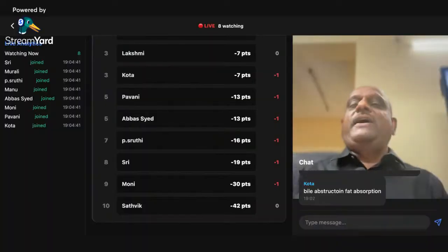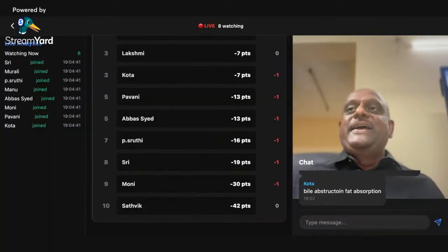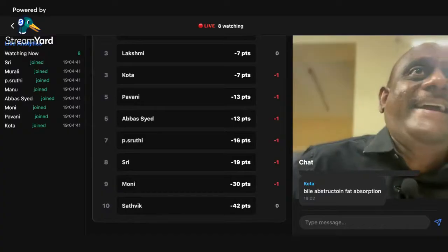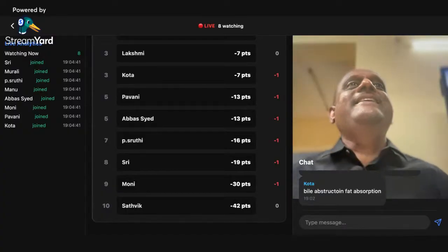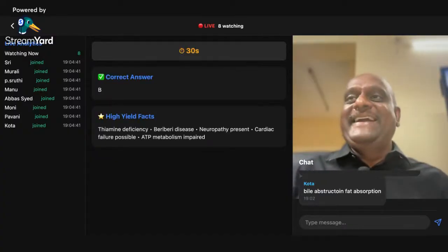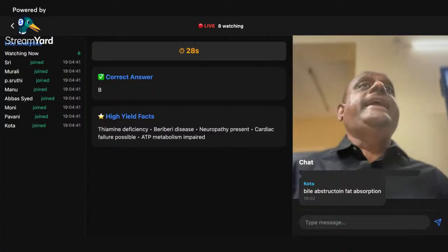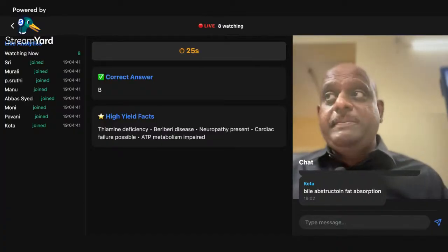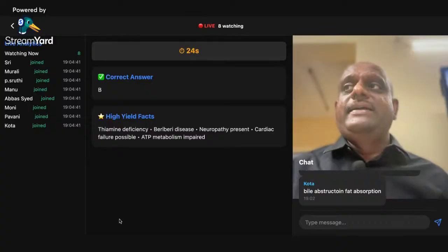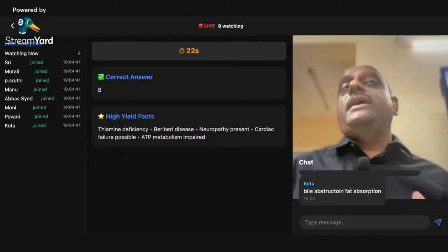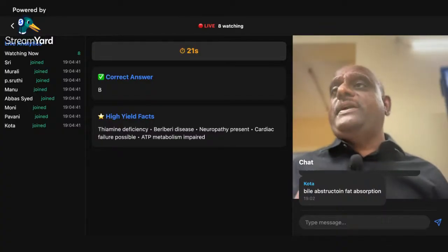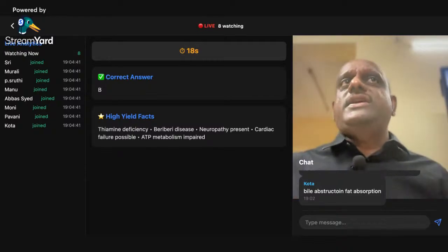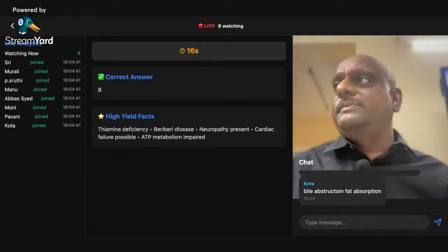Very good. 5 of you correctly answered. 2 of you are tempted for selenium-induced cardiomyopathy. I know, but it is thiamine. Thiamine deficiency leads to both neuropathy, dry beriberi, and wet beriberi, which is cardiac failure. And it is the ATP metabolism which is affected, since thiamine is required for coenzyme A formation. Next.